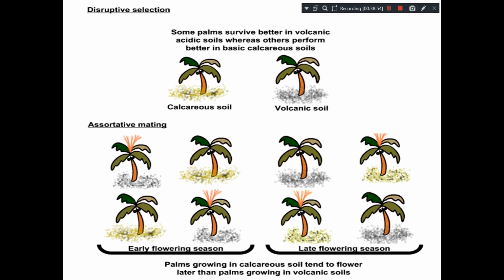You take two different types of soil. One is the soil which has been formed by the outgassing of volcanoes from the inner core of the earth. So this is the calcareous soil and the volcanic soil.